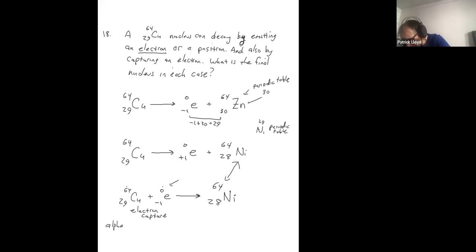Okay. So again, you've got your alpha. Alpha is written as He 2 4. You got your beta, and that's written as e minus 1 0. You got your positron, which is e plus 1 0. And then electron capture, that's on the same side. Okay, again, it's just an electron, but you put it on the left side.